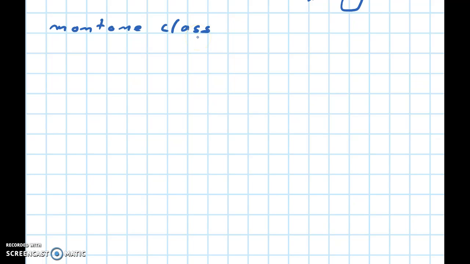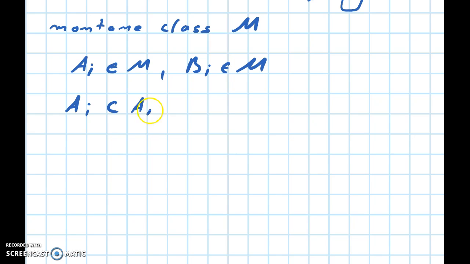So suppose we have a set A_i which is an element of M. So this monotone class we are going to define shall be called M. So A_i is in M and B_i is in M, and we have A_i is a subset of A_(i+1) for every i, and B_i contains B_(i+1).